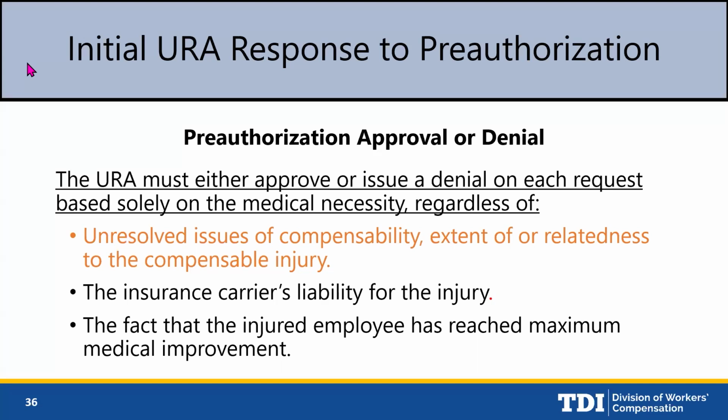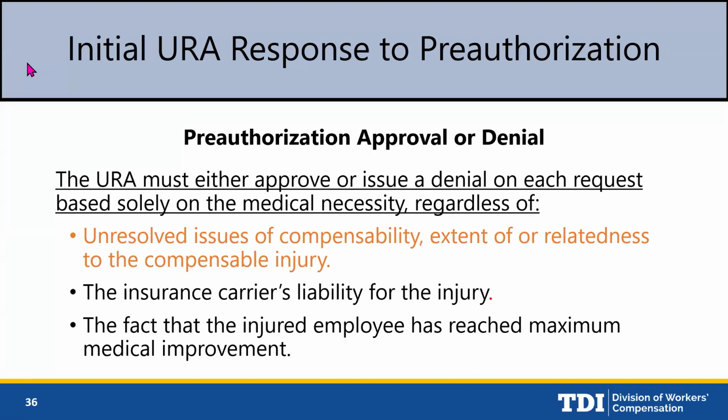So again, solely on medical necessity, a yes or no. Those are two different issues. Medical necessity is not the same as extent of injury. Medical necessity is just that. They could say, yeah, Amy Rich needs that back surgery. And then they can say at the bottom, but we don't think the condition you're treating is part of the compensable injury. Again, two different things.